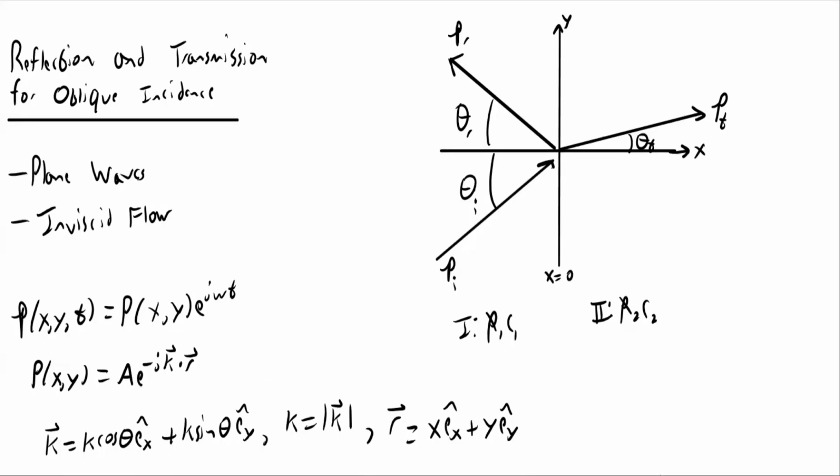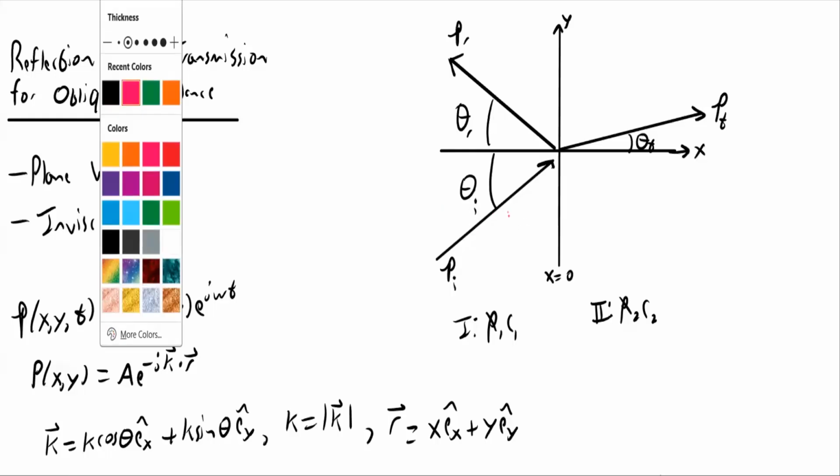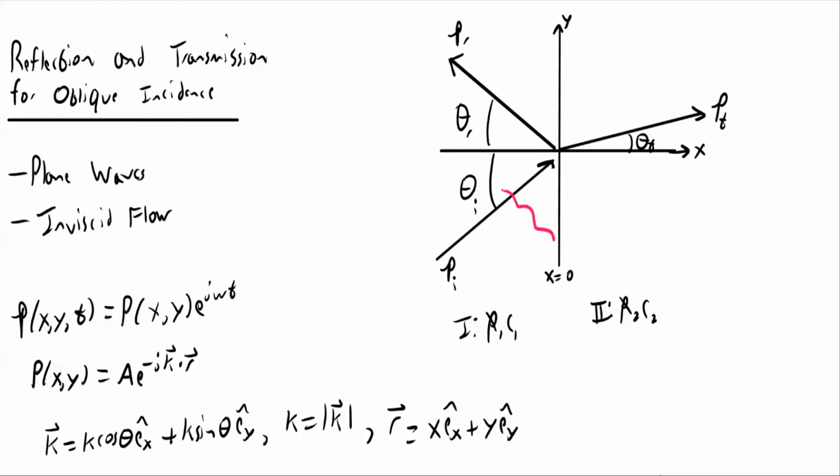So you can kind of think of a wave coming in, let's try to draw something like this. And as the wave comes in on the interface, there'll be a point on the interface that goes up, in this case, with the pressure fluctuation corresponding to the incident pressure wave.